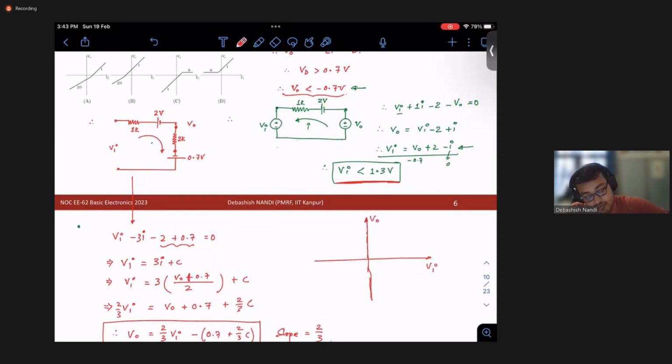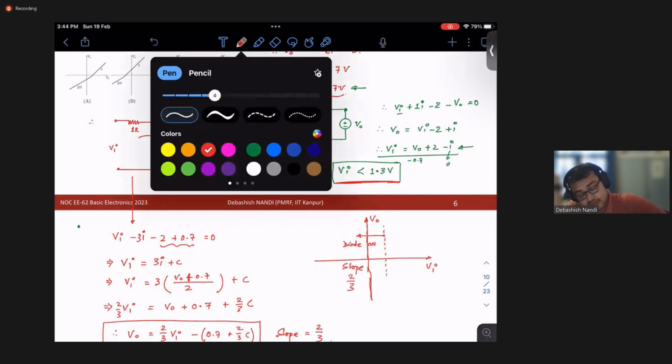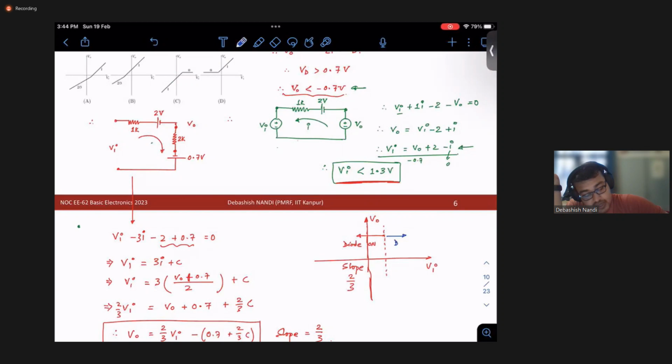Beyond a certain voltage, around 1.3, it is not exactly 1.3, the diode is on. So your slope would be 2 over 3. And on this side, your diode is off, and your slope would be exactly equal to 1.